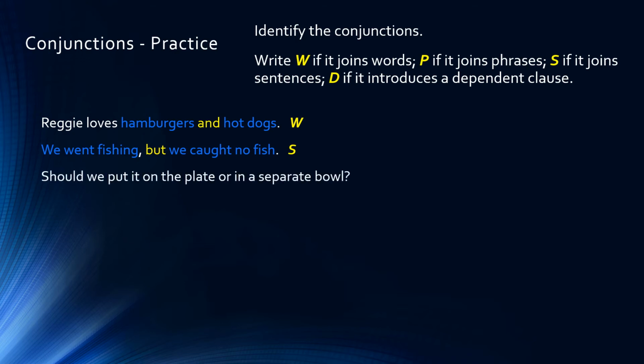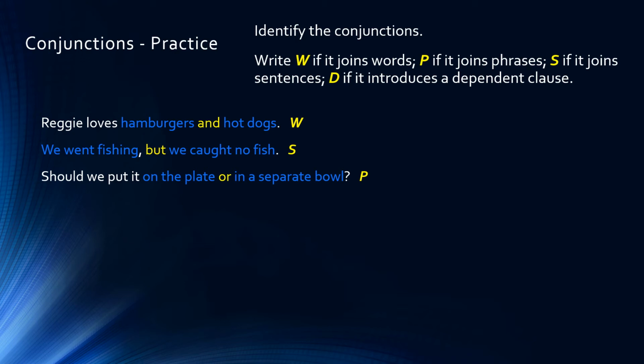Should we put it on the plate or in a separate bowl? What is the conjunction in this sentence? Conjunction is the word or. Should we put it on the plate or in a separate bowl?